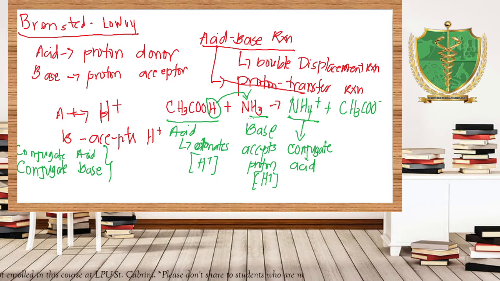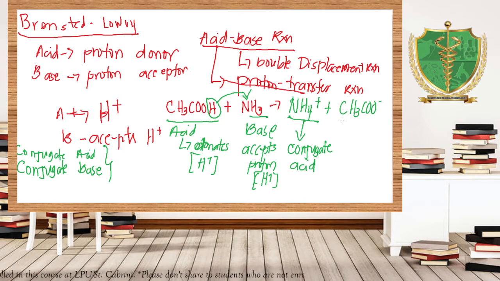Si ammonia originally is NH3, tumanggap po siya ng hydrogen from acid. Acid donates hydrogen. Base accepts hydrogen, and it will produce a conjugate acid.